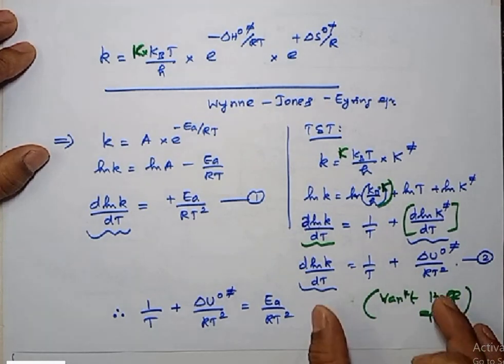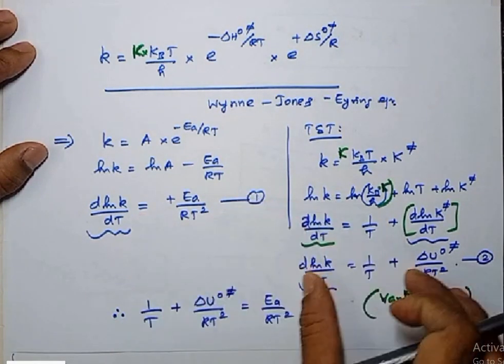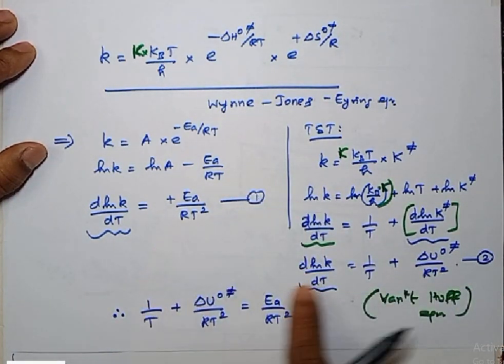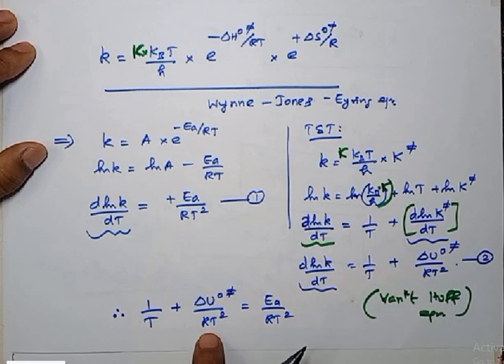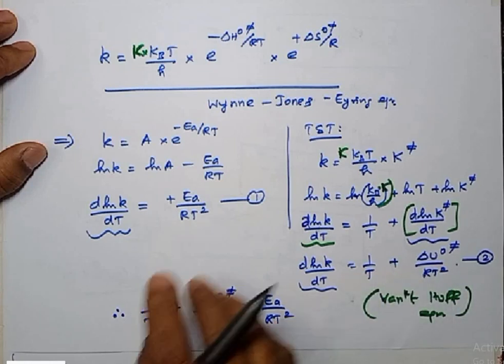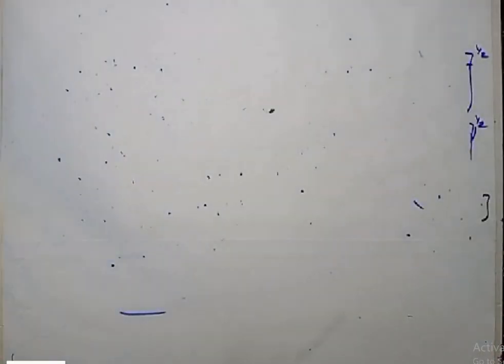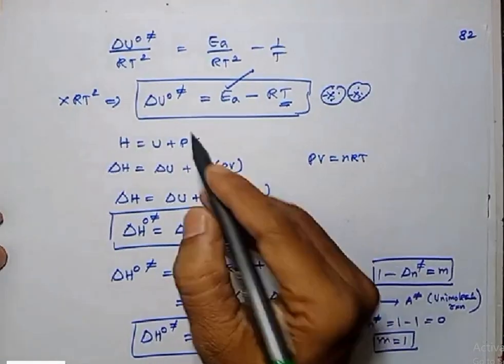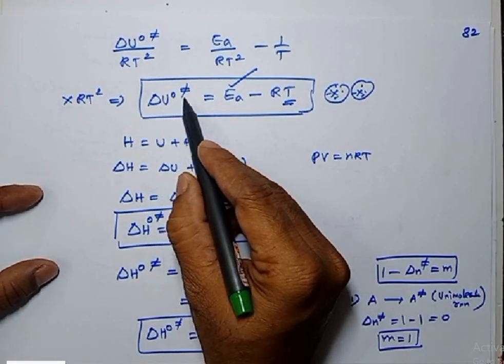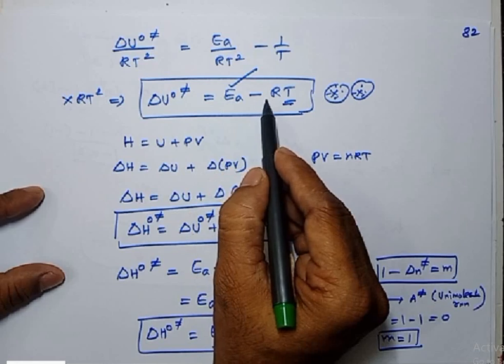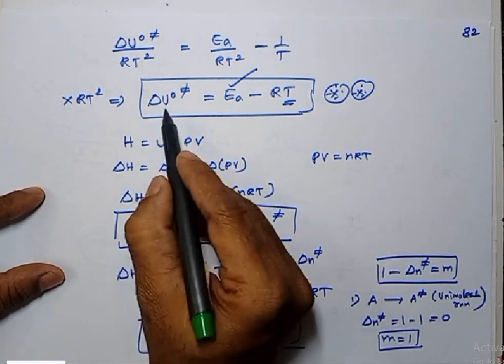Now, by comparing these two equations, we can write 1 by T into delta U naught by RT square equal to EA by RT square. If I rearrange this, I will get an expression for delta U naught. Last class we discussed this, we get delta U naught double dagger equal to EA minus RT.